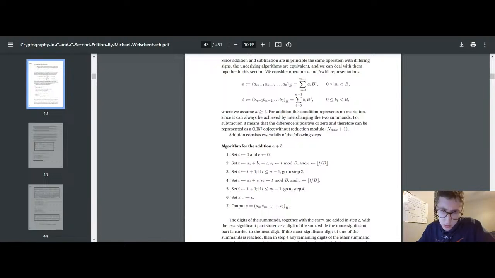T equals A_I plus B_I plus C. S_I equals T mod B, and then C equals T divided by B, rounded down.